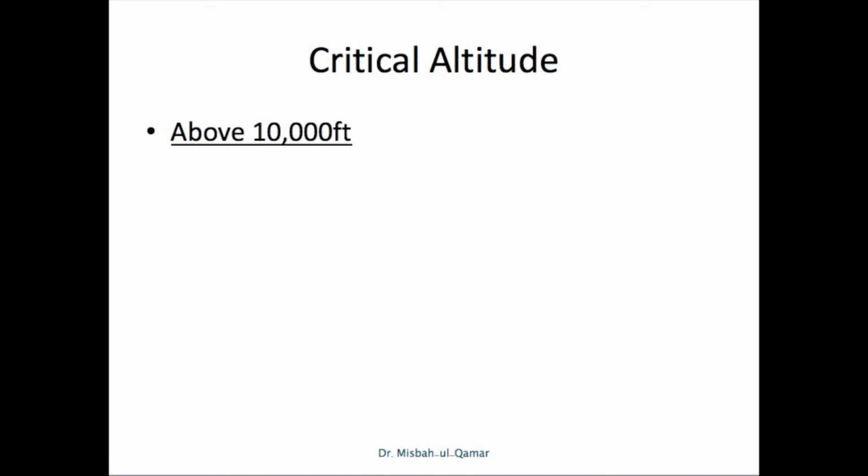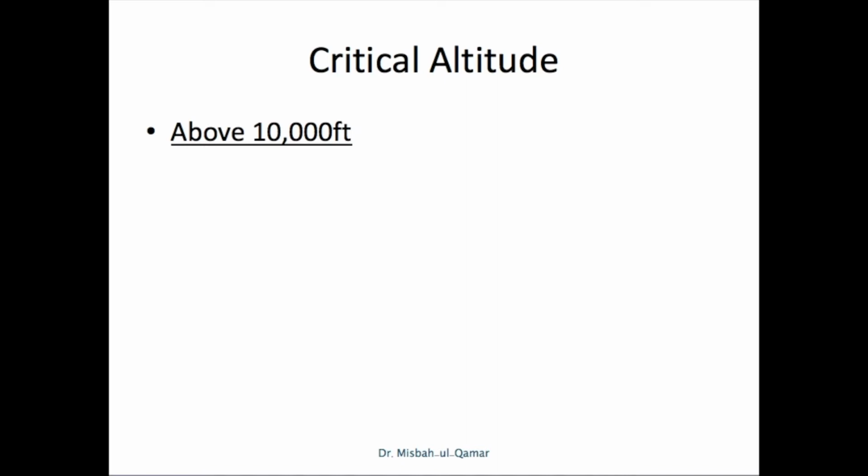While we are studying high altitude physiology, you must know what the critical altitude is. You see, up to 10,000 feet, no signs and symptoms of severe abnormality appear except mild hypoxia, to which a person can acclimatize easily.